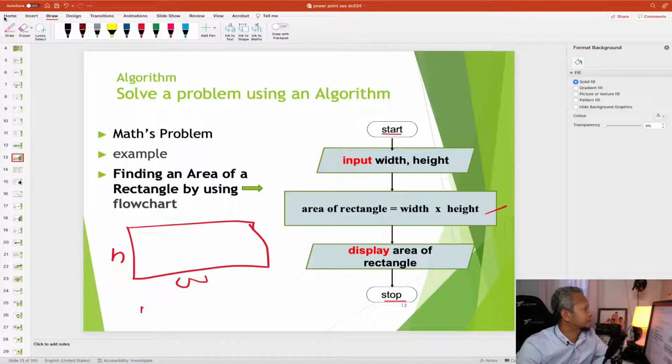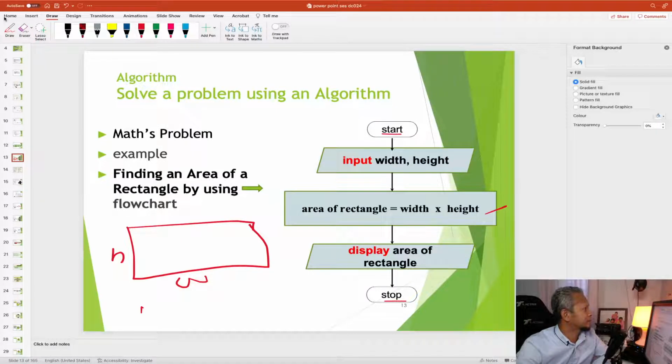Before we can determine the input, we need to know the output first. So the output from this problem is to find the area of a rectangle. So we can write here area of rectangle. Okay, area of rectangle. That is our objective.